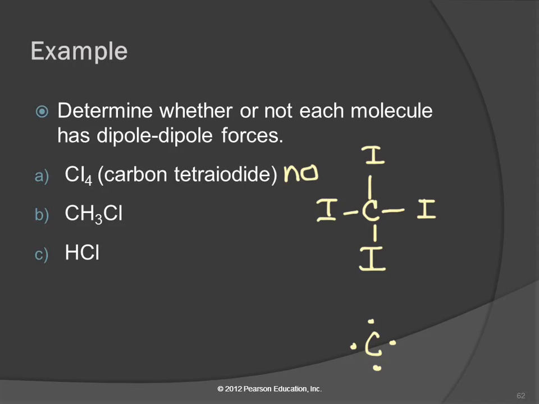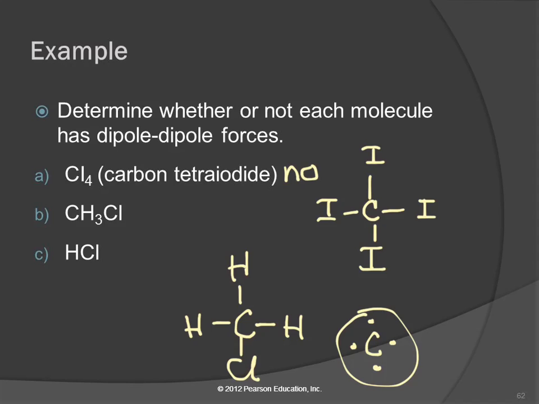Okay, what about CH3Cl? Polar. So CH3Cl. We just talked about how carbon tends to form 4 bonds, and there's the 4 bonds. It's not going to have any lone pairs. But now we look at this, and we've got hydrogen, hydrogen, chlorine, hydrogen. Going to be negative going towards chlorine? Yeah, the chlorine is more electronegative than these hydrogens.